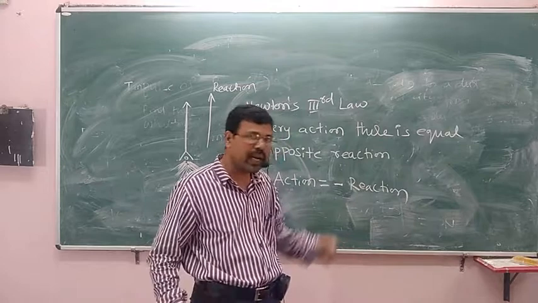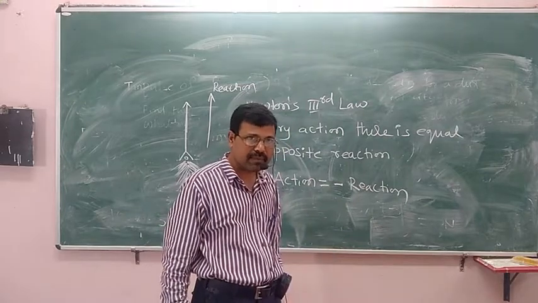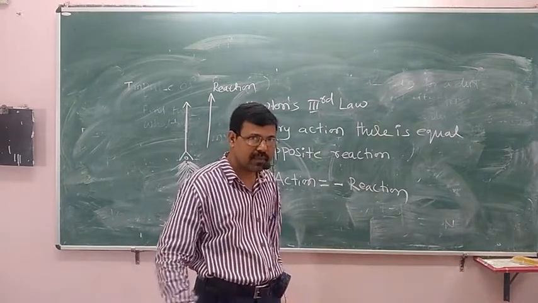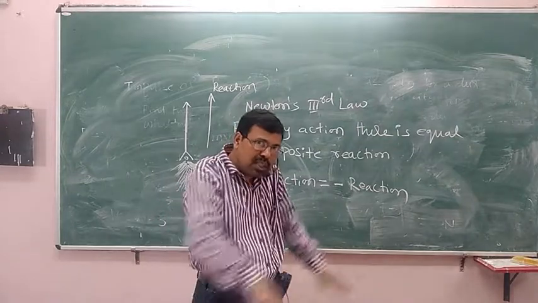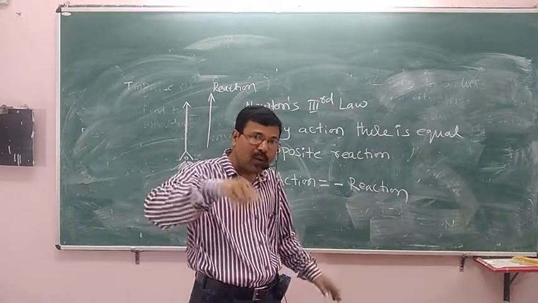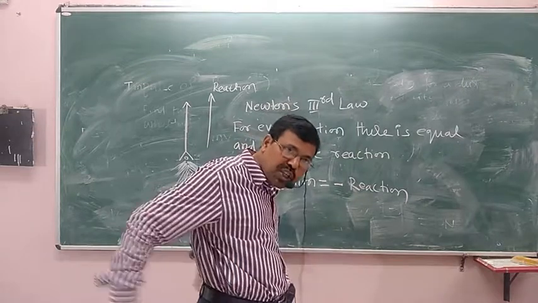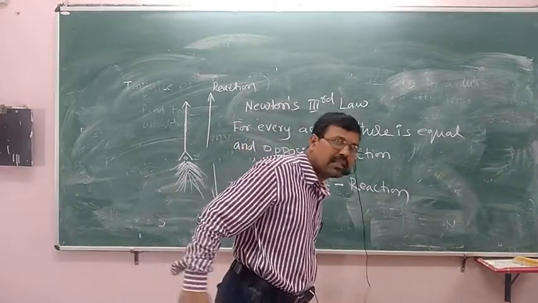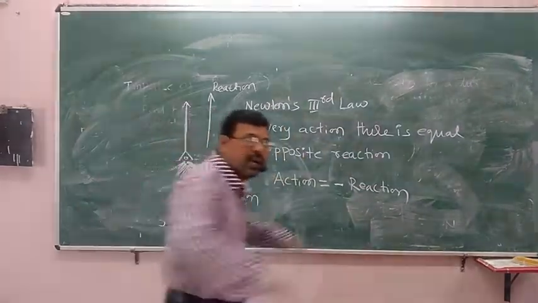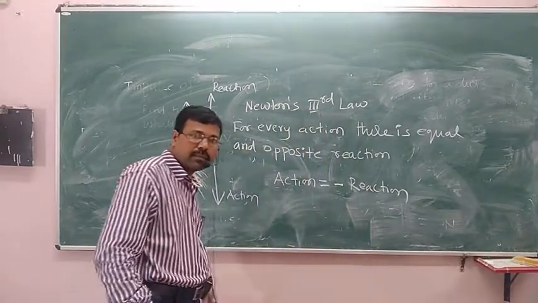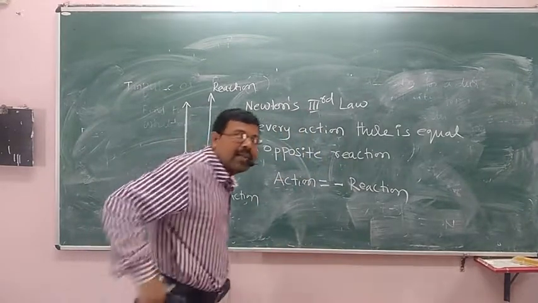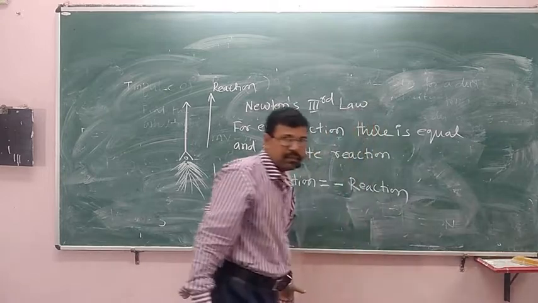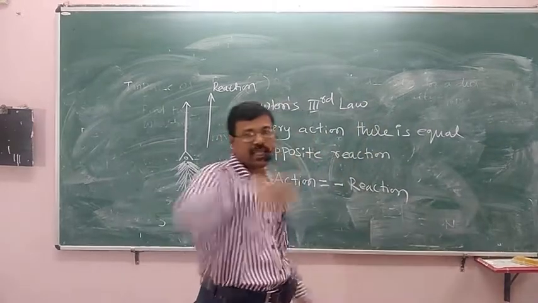While a person is walking, what is the action and reaction pair? What is the action? Pushing the ground backward. While walking, we push the ground backward. That is the action. And we move forward. That's the reaction.